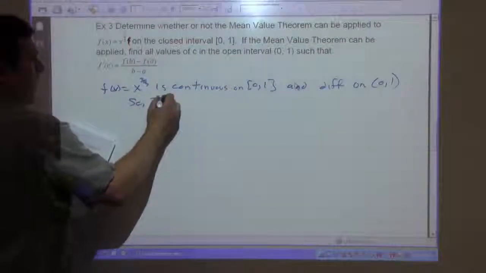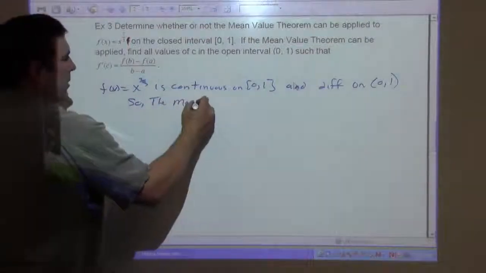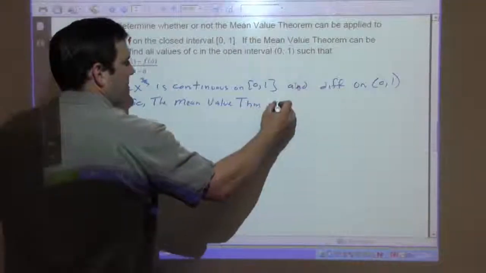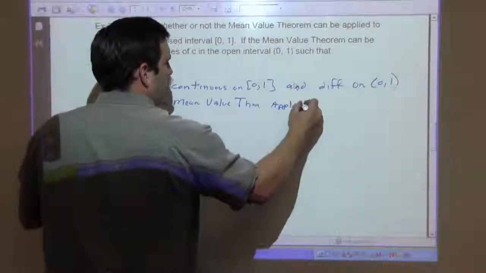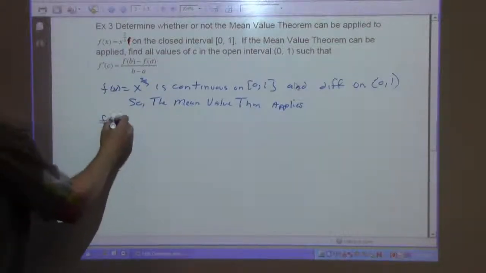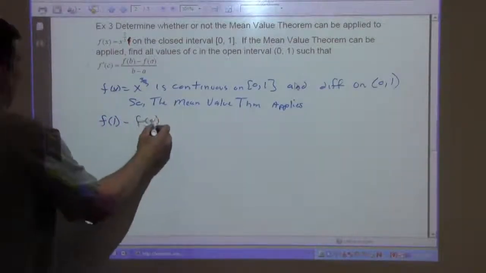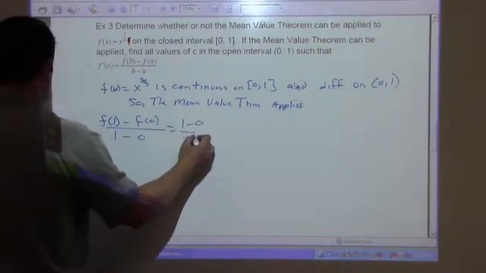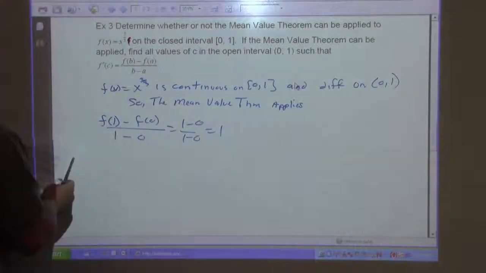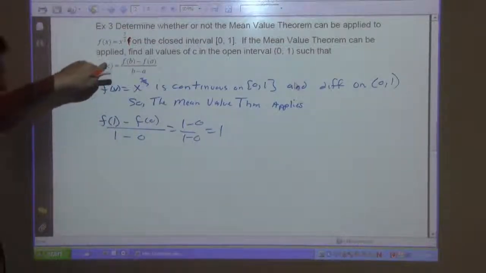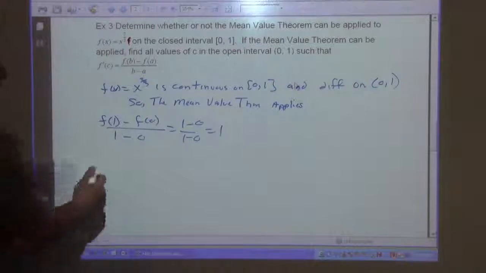So the mean value theorem applies. So f of 1 minus f of 0 over 1 minus 0, that's 1 minus 0 over 1 minus 0, which is 1. So we're going to find the value where the derivative is going to be 1.